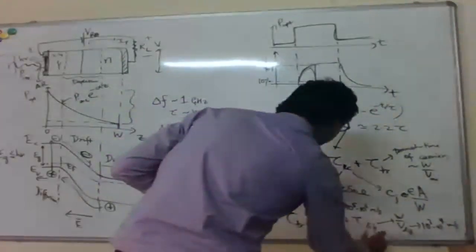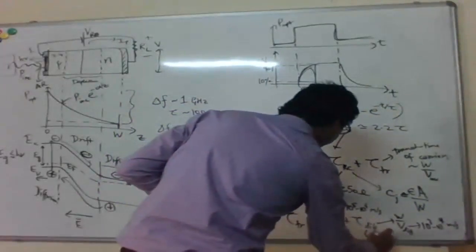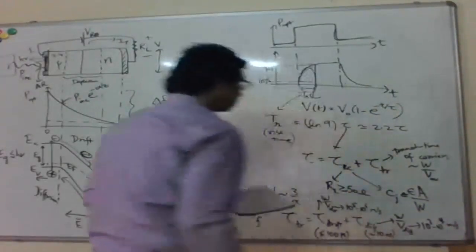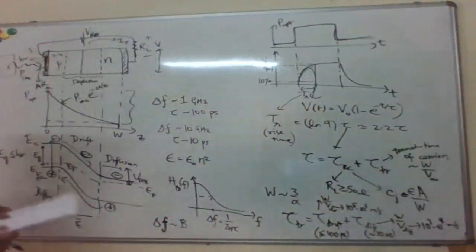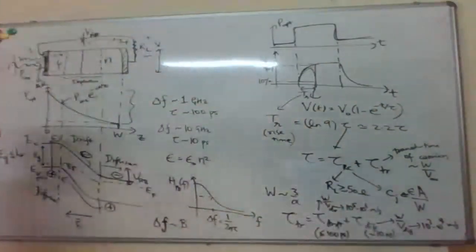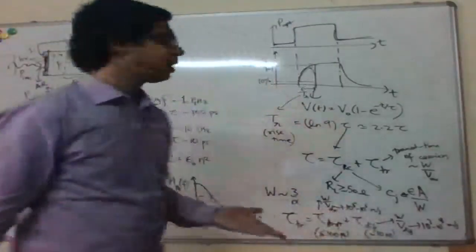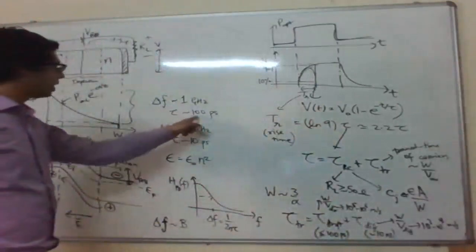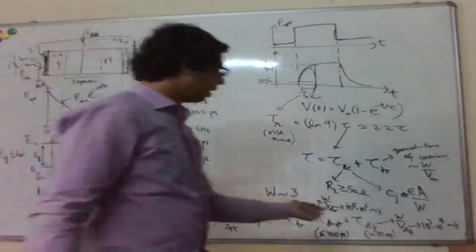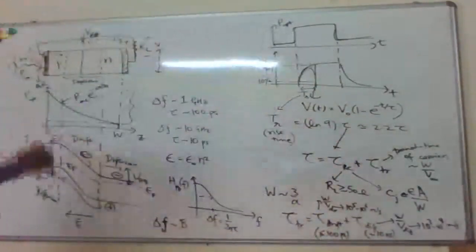So this tau diffusion comes out to be like a few nanoseconds, right? Like let's say 10 nanoseconds for a few micron distance. So you can see that this diffusion is really a killer, right? You can't get anywhere near these time scales if you have an appreciable diffusion component in your device.